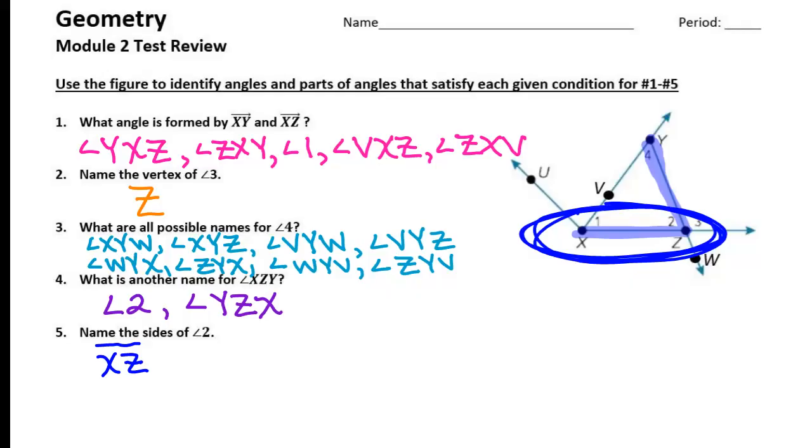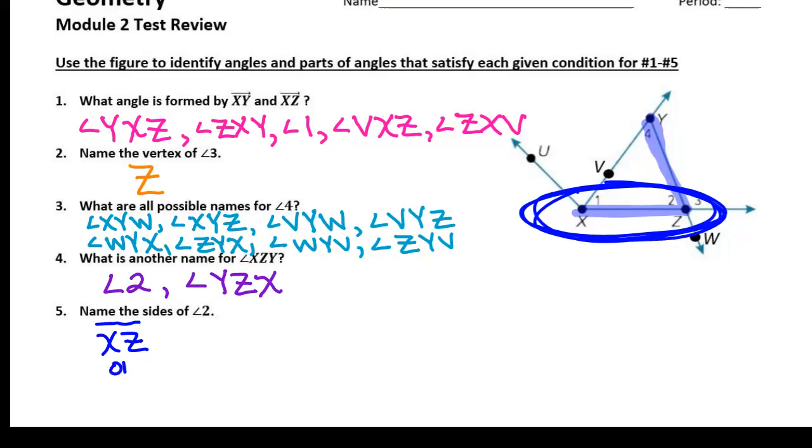Z has to be an endpoint because it's the turning point of the angle. If there was an arrow where X is, then I would call it a ray. But there's not an arrow where X is, so it's a segment. So either segment XZ or segment ZX. You could do either one of those for this side right here.